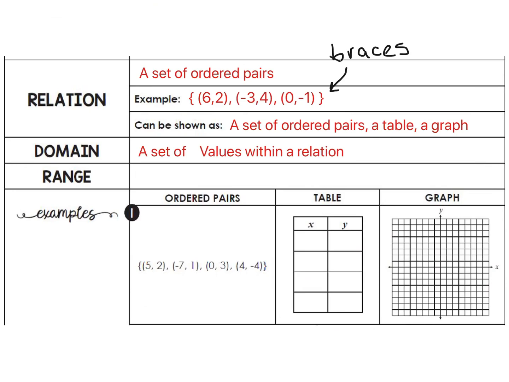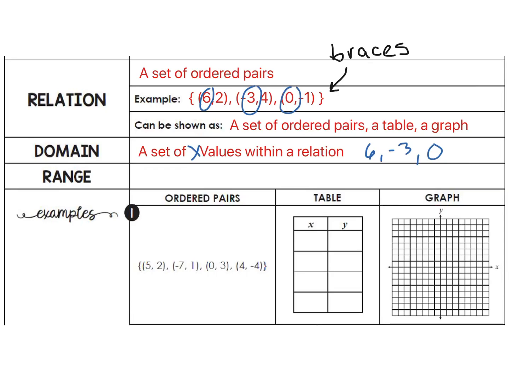So if I'm talking about these x values here in this example, I'm looking at the 6, the -3, and the 0. And then I would also wrap those up in braces.